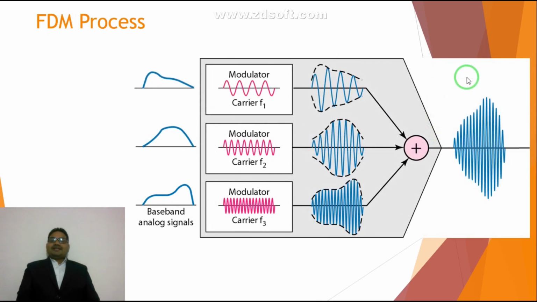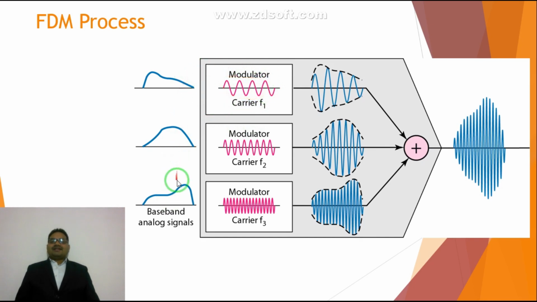Now by means of this figure, you can understand the FDM process. Suppose these are different signals which have a common bandwidth: signal 1, 2 and 3. At your multiplexer, at the transmitter side, there is a modulator.